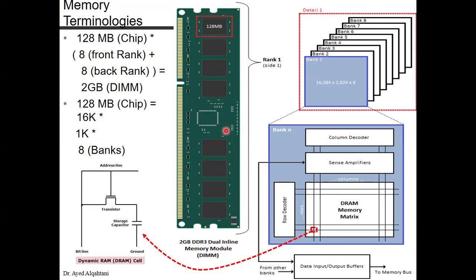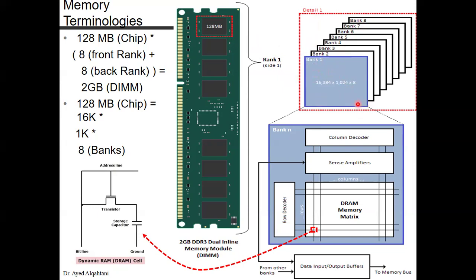So if we take the first chip in the front rank, the 128 megabyte chip, we can see the details for it here. You can see that it consists of 8 different banks. Each bank is responsible to give you a single bit.